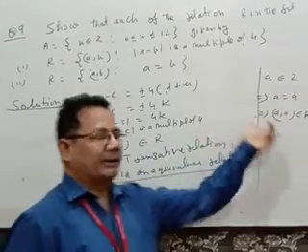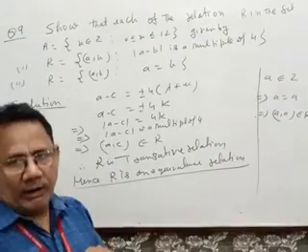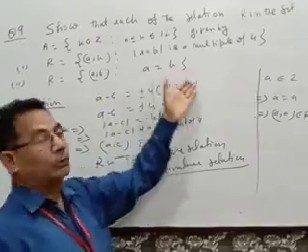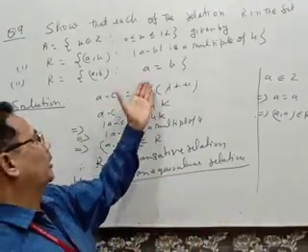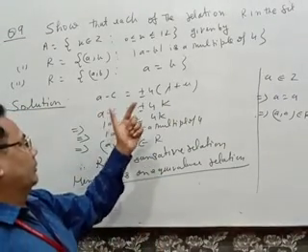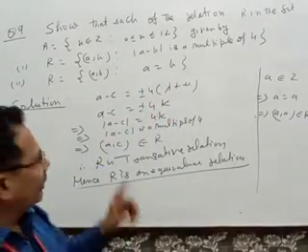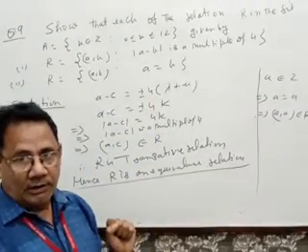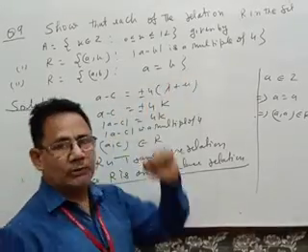ये तो हो गया आपका रिफ्लेक्सिव रिलेशन. Now let (a, b) belong to R, this implies that a is equal to b, also b is equal to a, this implies that (b, a) belong to R, or therefore R is symmetric. Now we take a, b and c are three integers such that (a, b) belong to R, (b, c) belong to R. From equation first and second we get a is equal to c.